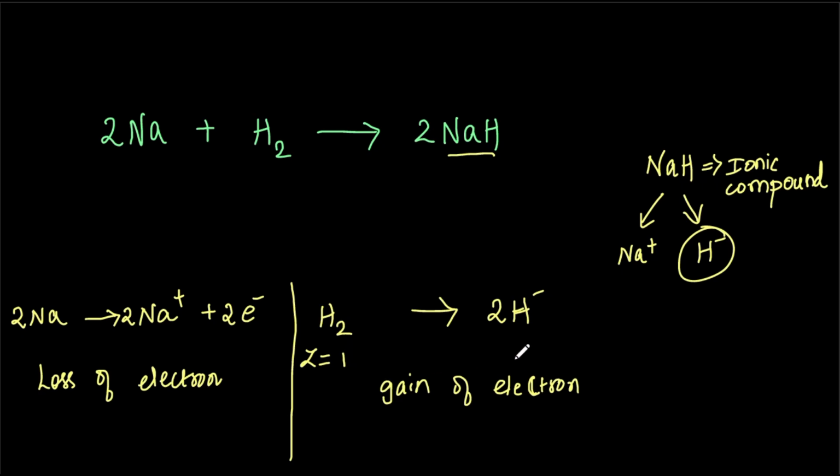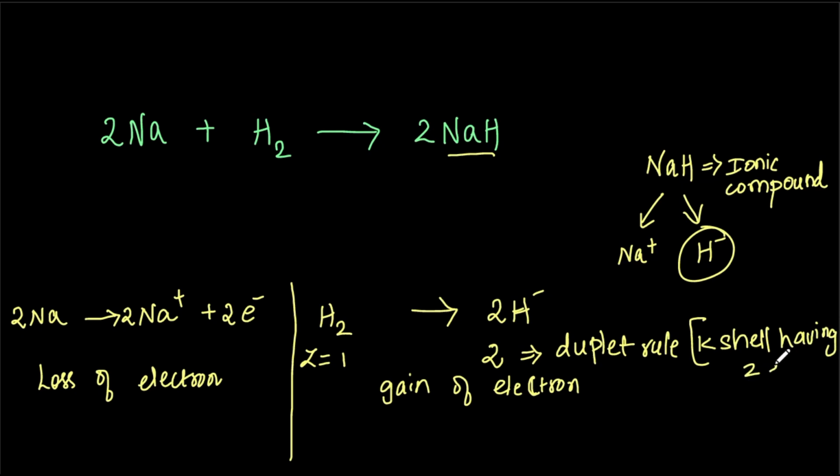So when it gains one more electron, it will have the number of electrons as 2. So according to the duplet rule, when the K shell is having 2 electrons, then the ion becomes stable. So here 2 hydrogen atoms gain 2 electrons to become stable.